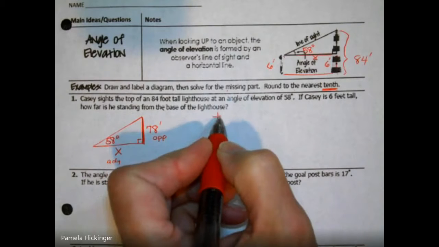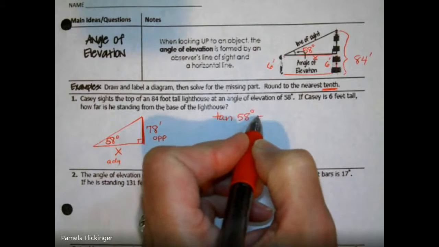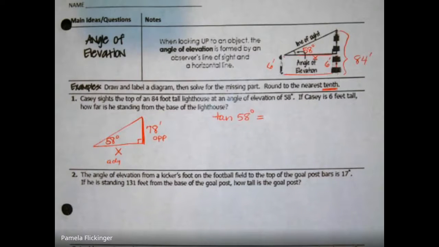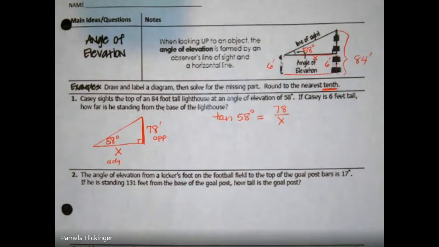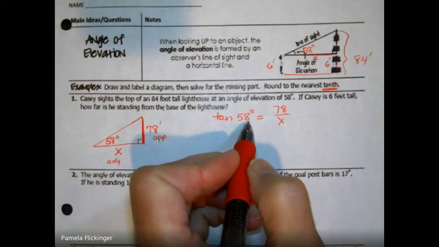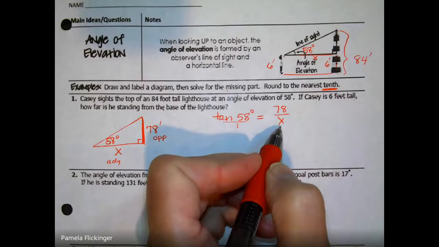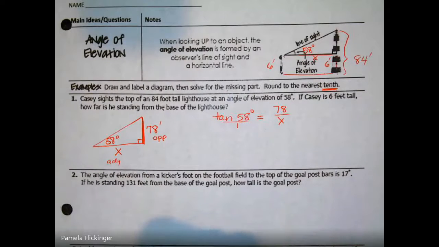So we would write tangent of our degree, 58 degrees equals, and tangent is always opposite over adjacent, so 78 over X. As you were solving last week, I hope it kind of became obvious that to solve for X, you're either multiplying or you are dividing.